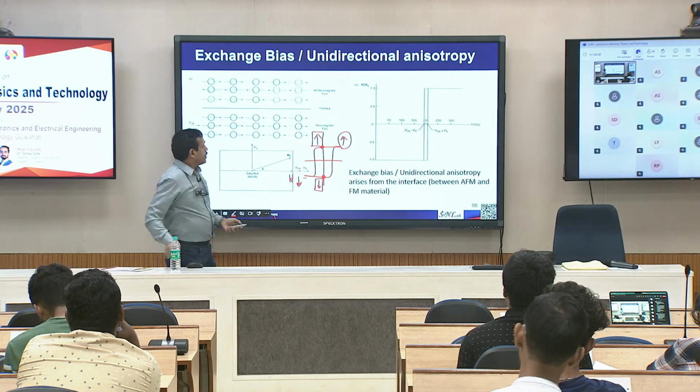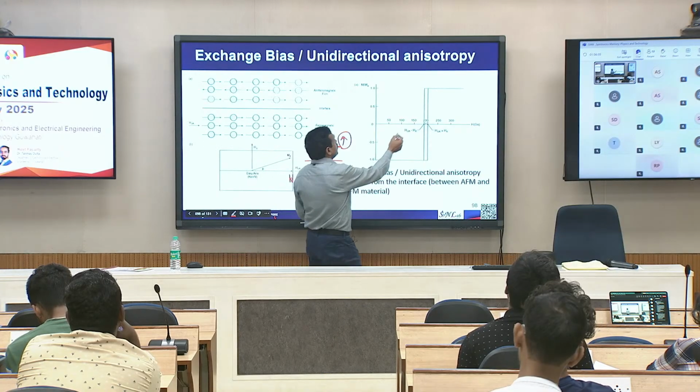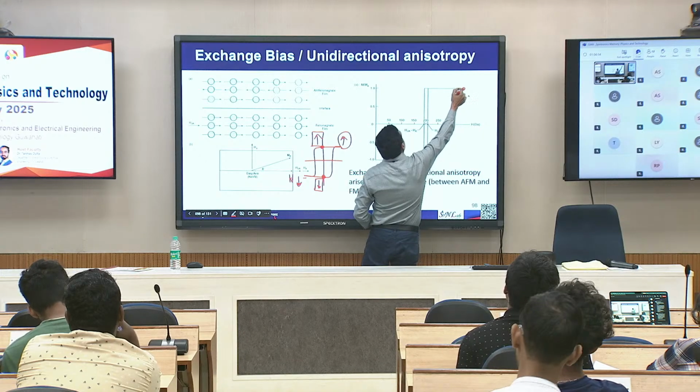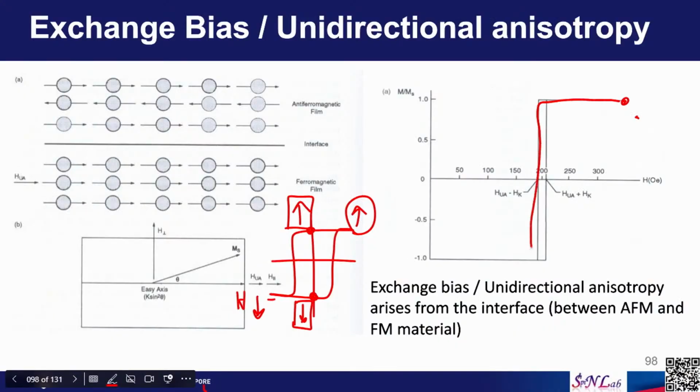But in this case, let us say I start from here, I can go all the way, come back, go back. So, I have one remnant state. If I do the same thing again, start from here, go all the way, come back, I will end up in the same state.